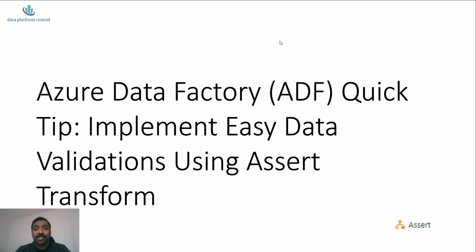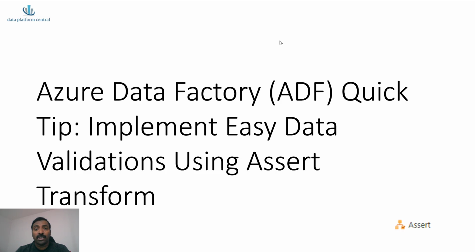So in this illustration, Data Platform Central is going to show you a typical practical use case where you could make use of this Assert Transform to implement your own business logic based validations.